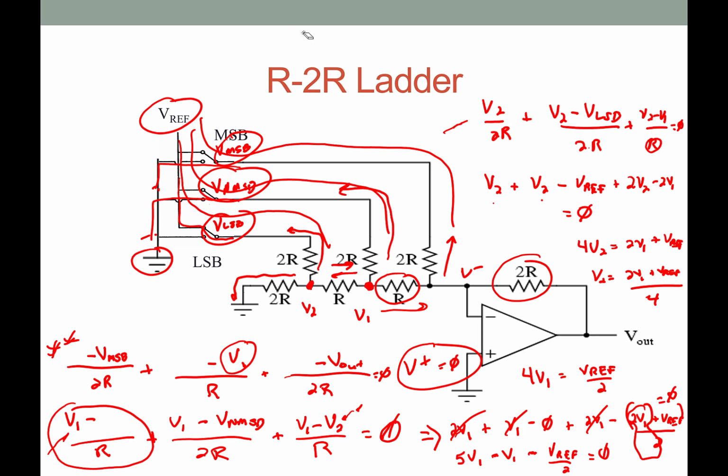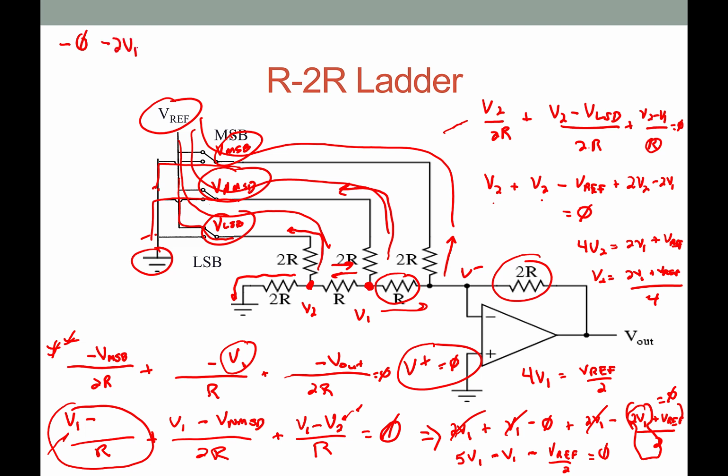So if I do that, I can come back here and see that everything is again multiplied by 2R. So I'll have minus a 0 times 2R plus a minus V1 over R multiplied by 2R, so that's minus 2V1.